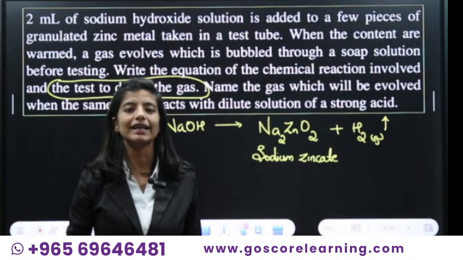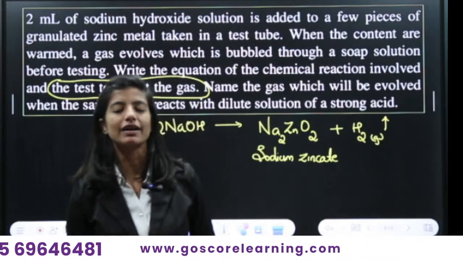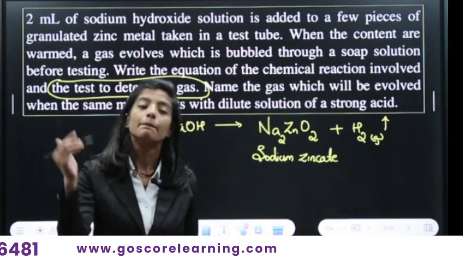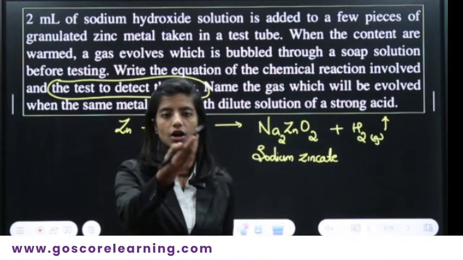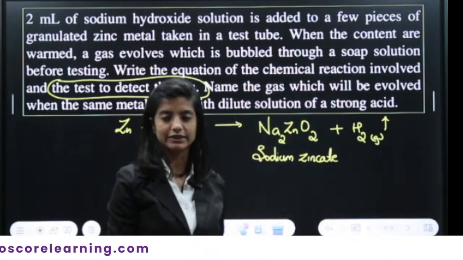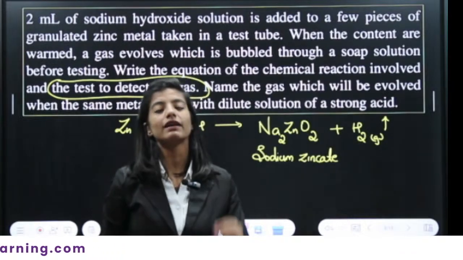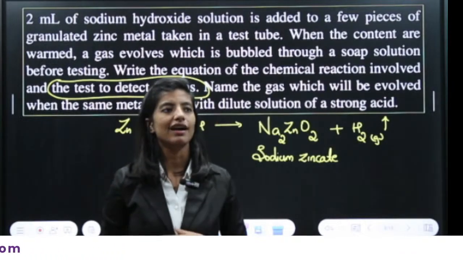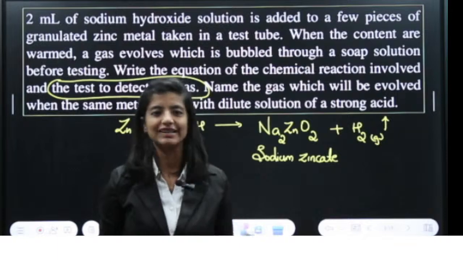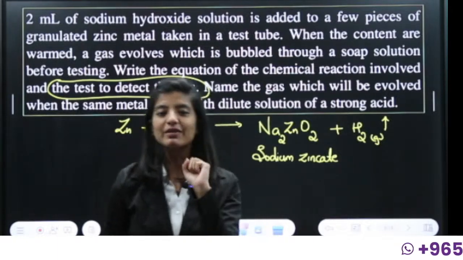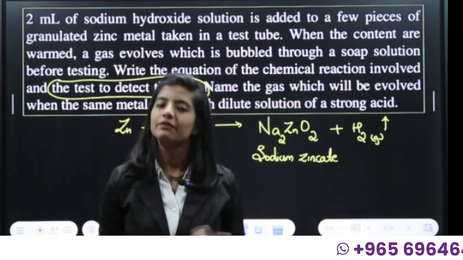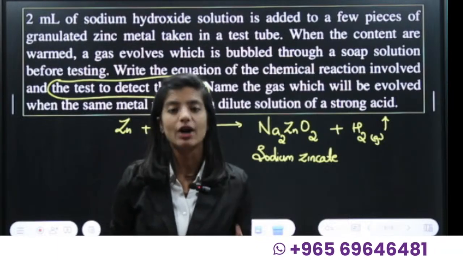Definitely by using the candle, right? Let's light up a candle or the matchstick. Bring the candle or the matchstick towards the mouth of the test tube. If it is burning with the pop sound, you might be experts in making the pop sound, right? So if it is making a pop sound, we can understand that that is your hydrogen gas, okay?